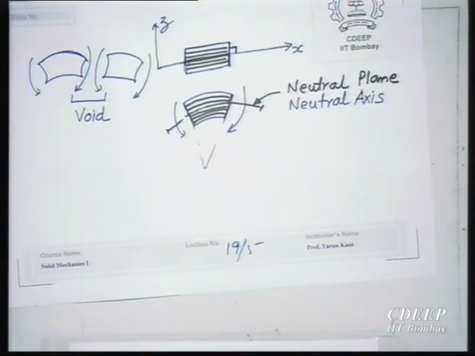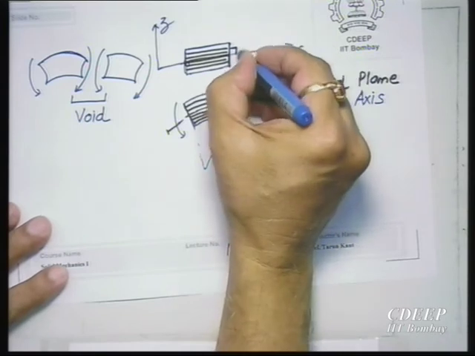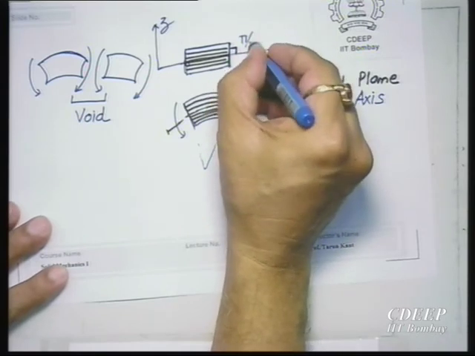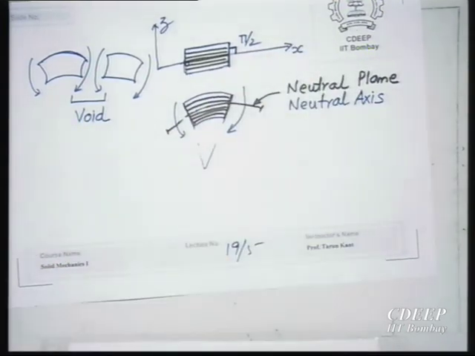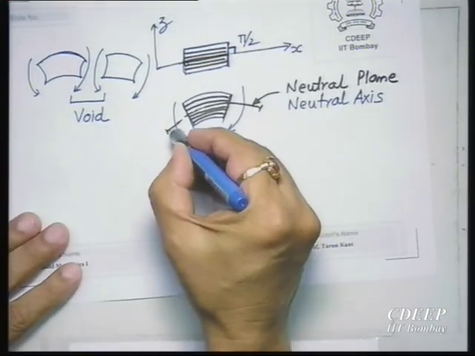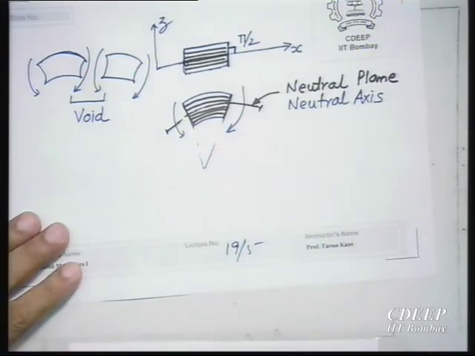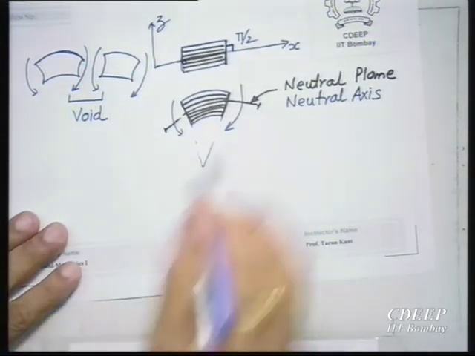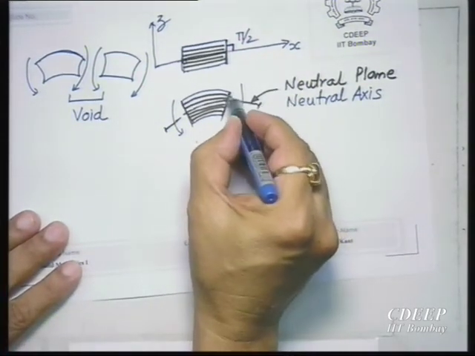Then, what is the angle between x and z before deformation? If you draw a cross section, it is 90 degrees. Now after it bends, the x axis also gets bent, and this also. Now what is this angle?